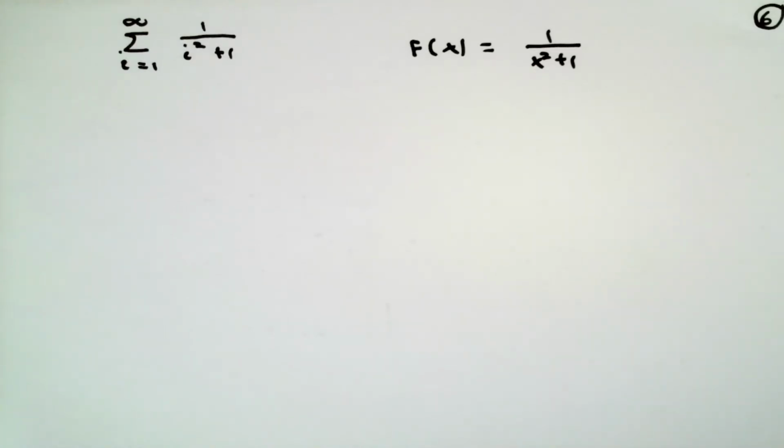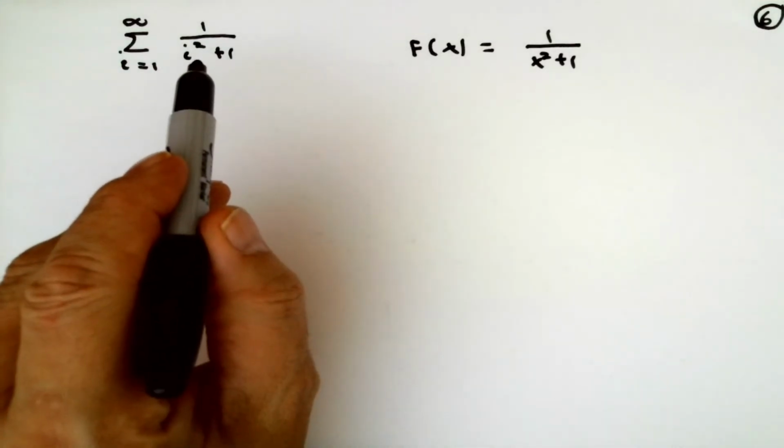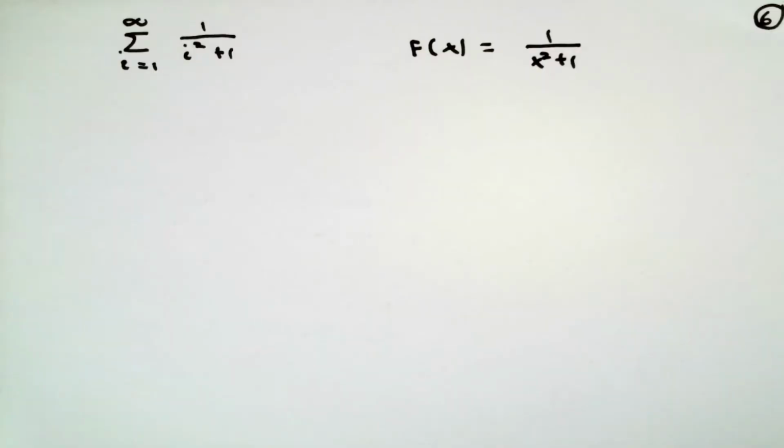We'll create a function f of x equals 1 over x squared plus 1. Firstly, if I put only whole numbers in for the x, I reproduce the terms of my infinite series. Secondly, obviously f of x is always positive. F of x is always continuous since it's a rational function, and there's no real x value that makes the denominator 0.